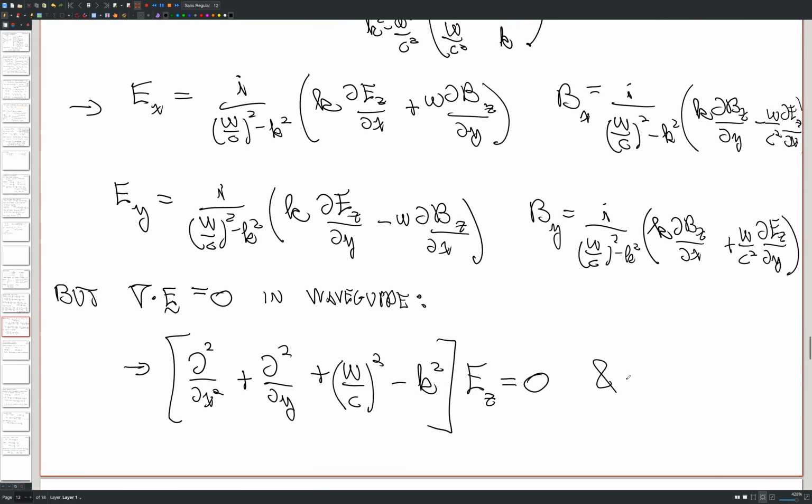And same for Bz. Okay, so that is the wave equation that we were seeking.